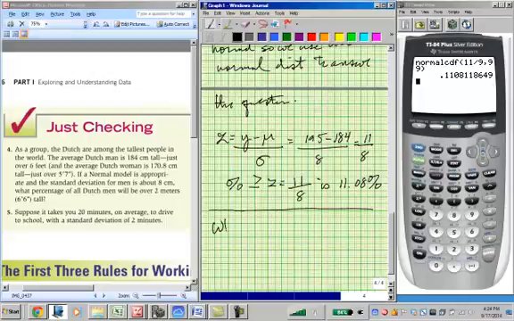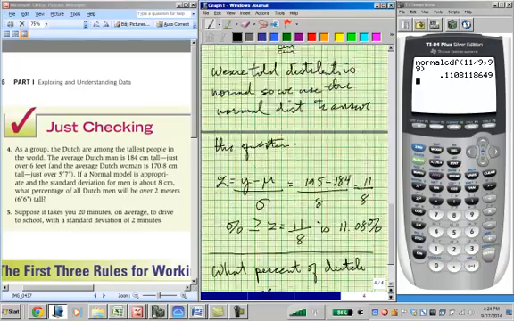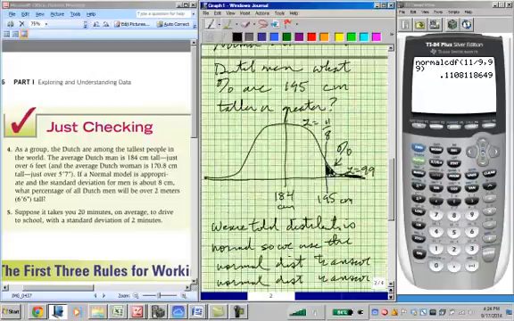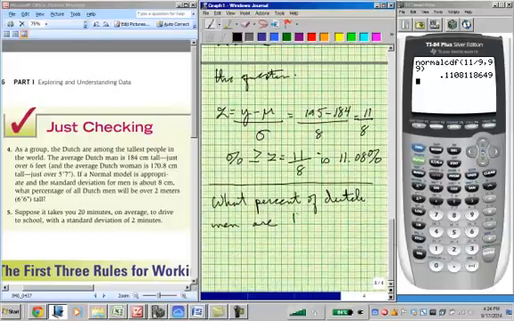What percent of Dutch men are, let's see, the mean is 184, let's see, 170 centimeters tall or less. Or less.